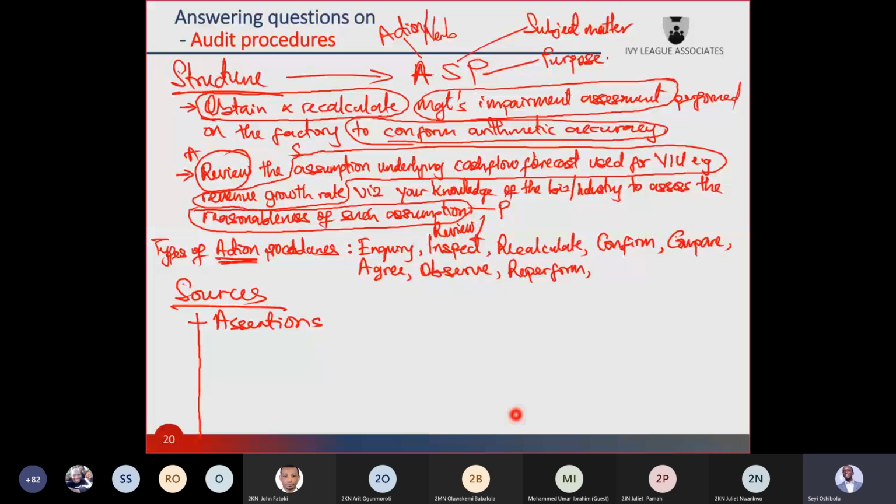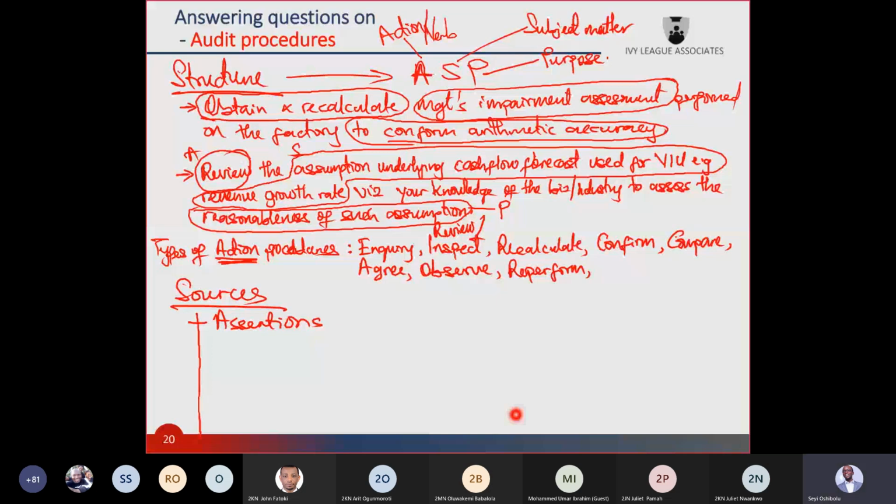If the factory is making use of a corporate asset, which is an asset that is of use to several cash generating units, you are expected to allocate part of those corporate assets to that factory before you compare it with its recoverable value.